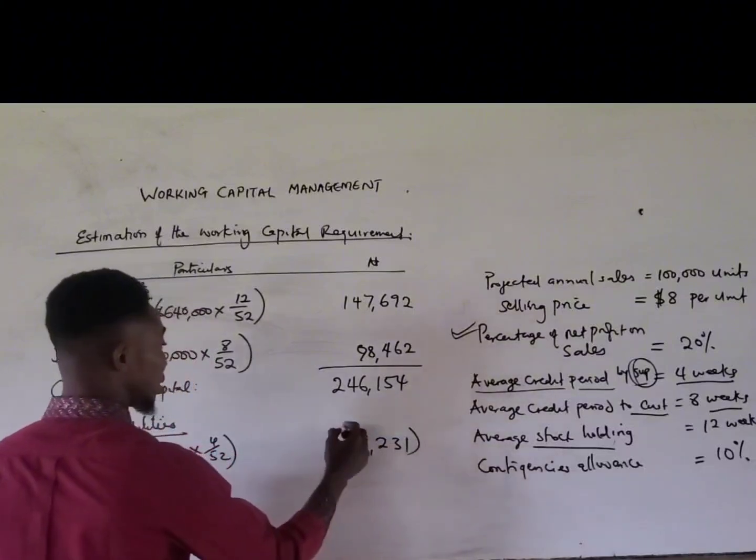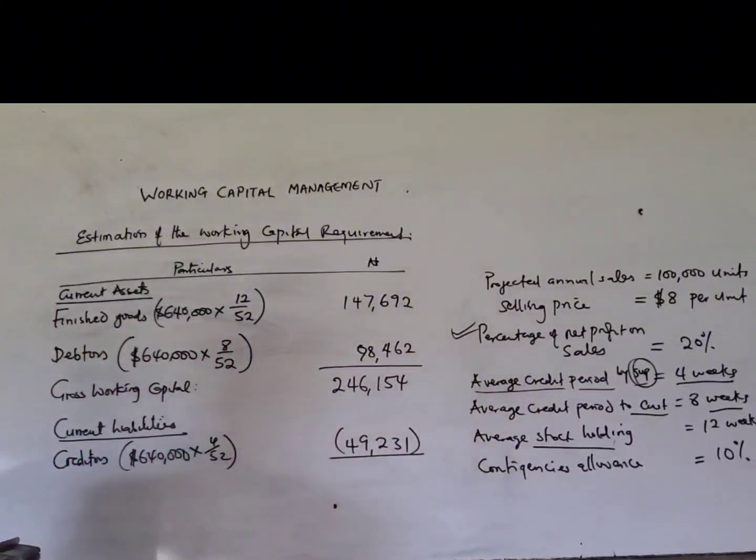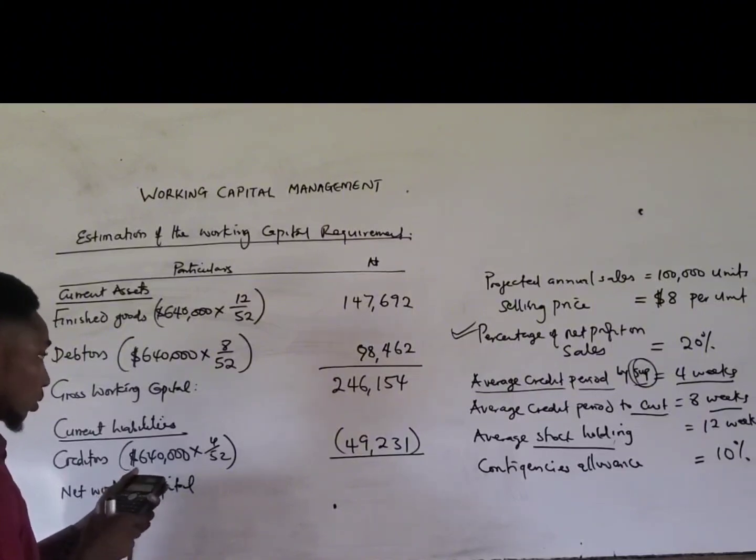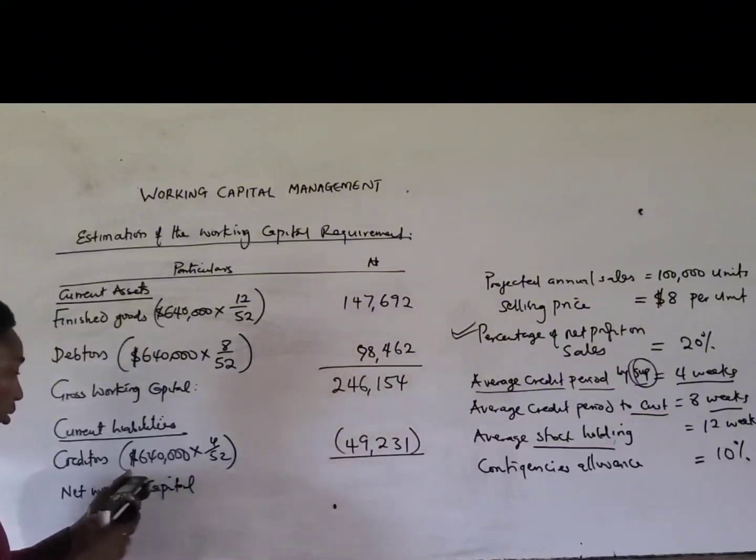By the time you less this current liability from the total of the current assets, you get the net working capital. So that will be 246,154 minus 49,231.